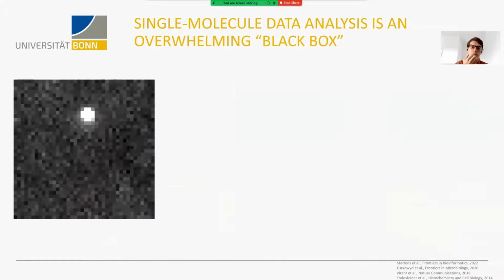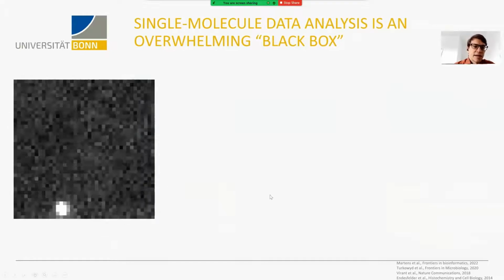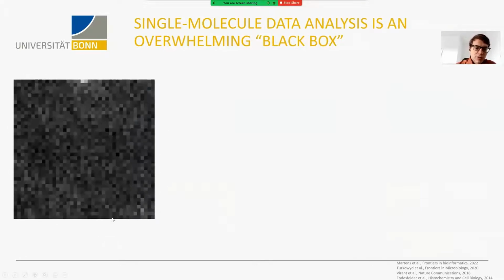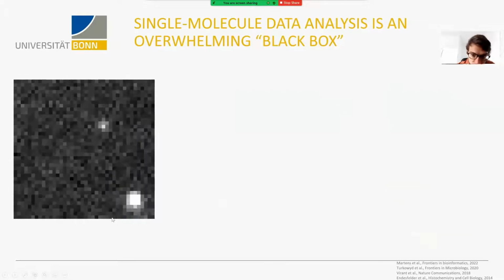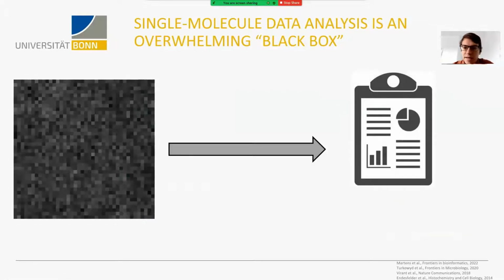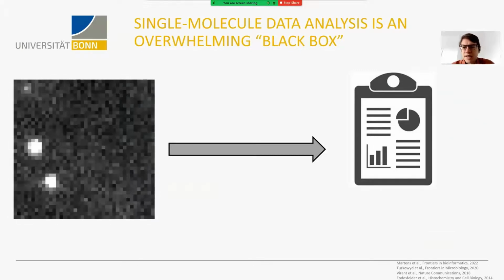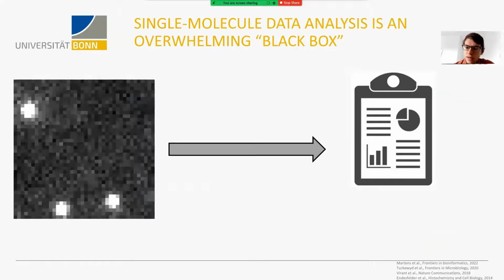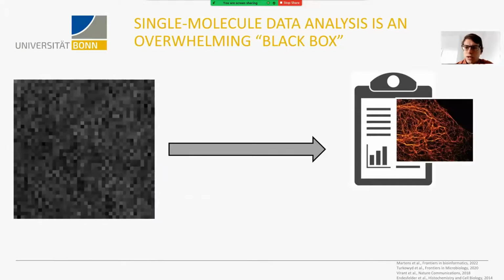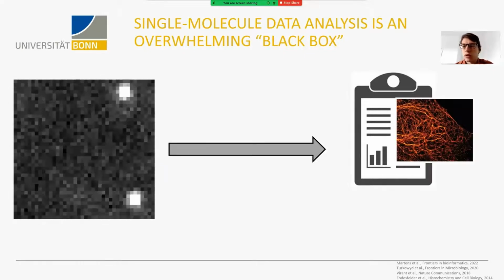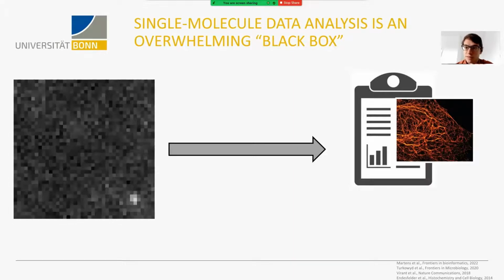Now, the problem is really that if you have a movie like this, especially as an experimentalist, you want to go into the data analysis and dive deep into the data. But to really know what you need to do there is very overwhelming, because you can do imaging, right? And you need specific algorithms and specific computational processes for that.